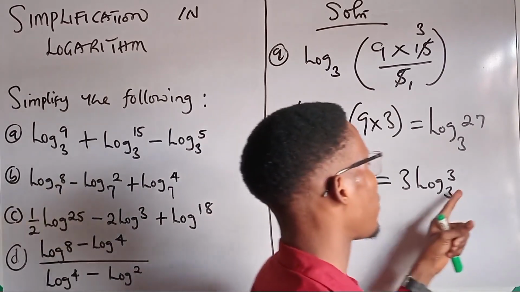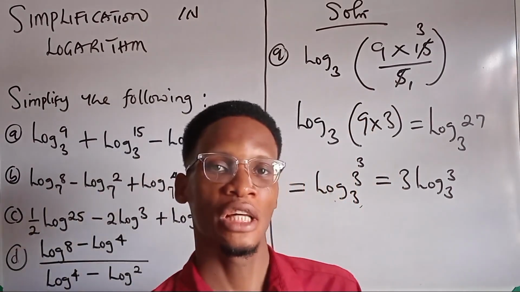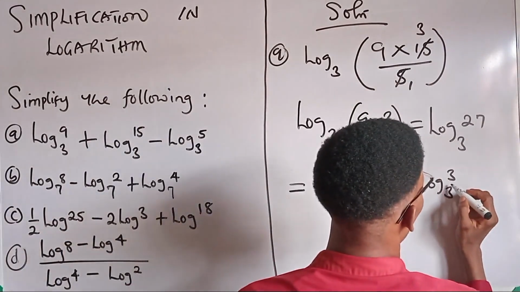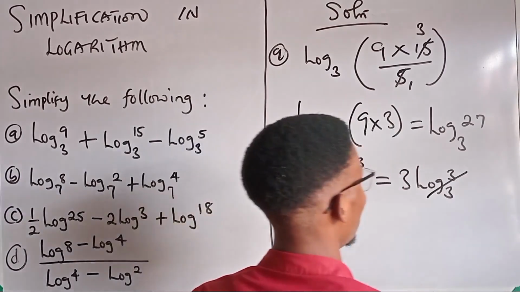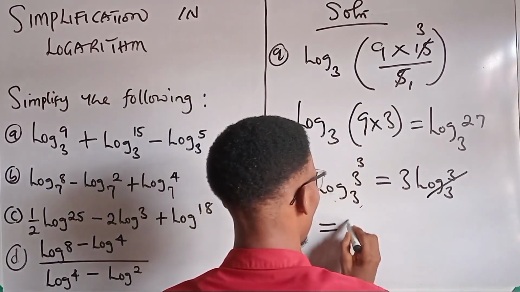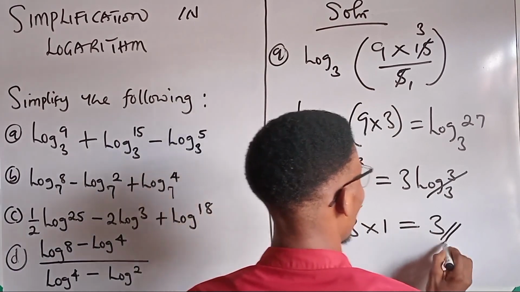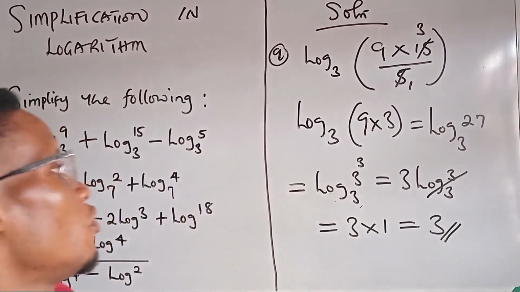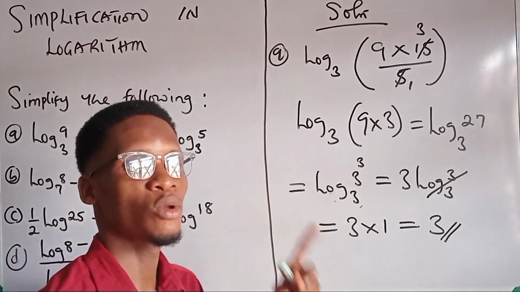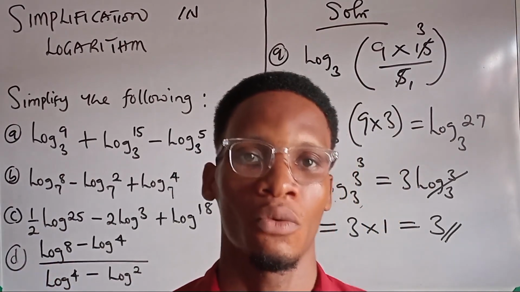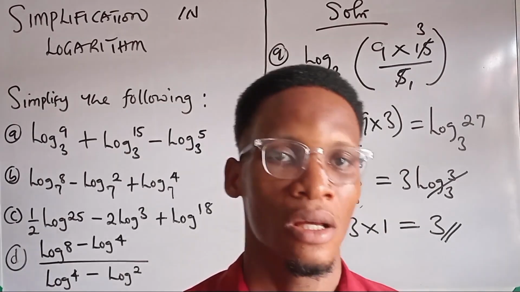Now you apply another law of logarithm, which says log of the same base equals 1. So we have 3 multiplied by 1, which gives us 3. So that is the first one. That is how you apply these laws of logarithm in simplifying logarithmic problems. All right, so that's how you do it.